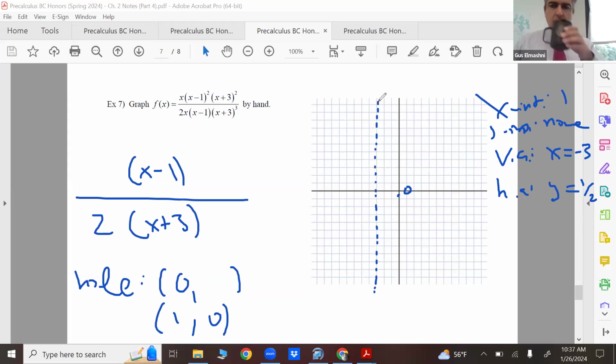Okay, so when you consider that, and the hole side, when these cancel, they're still between.